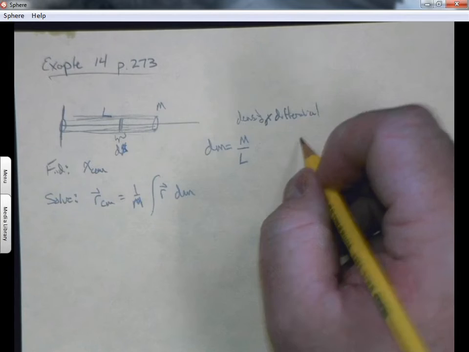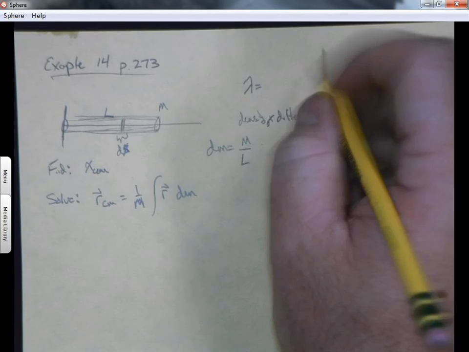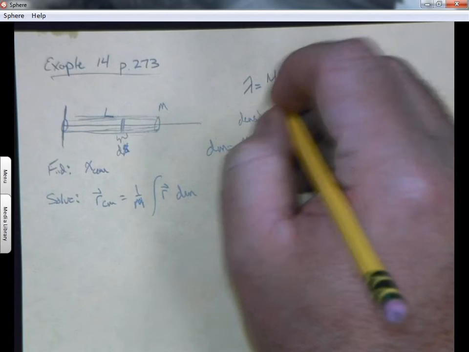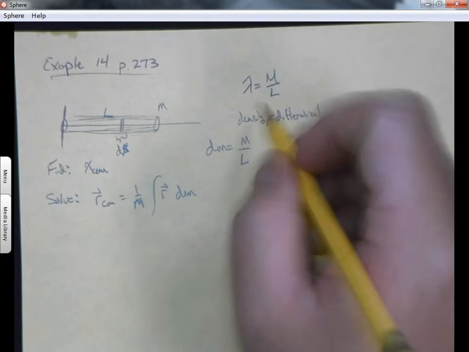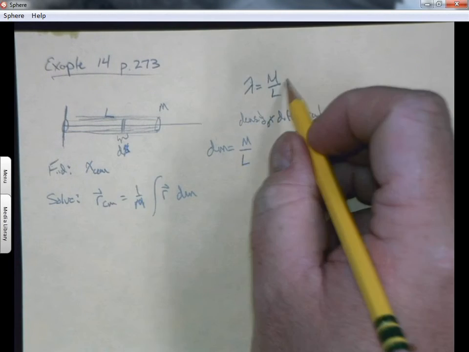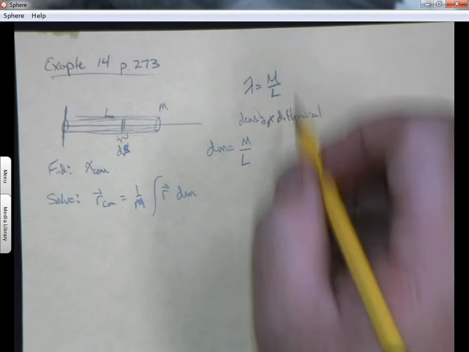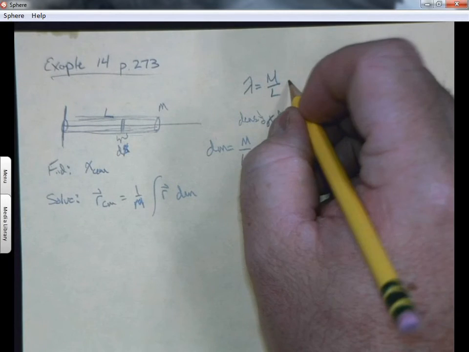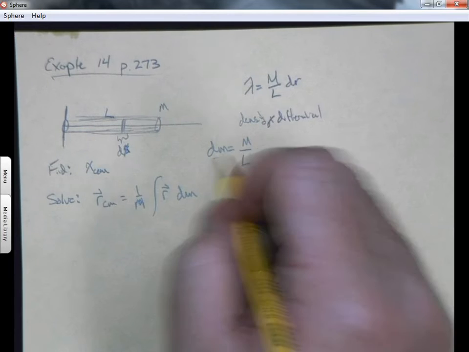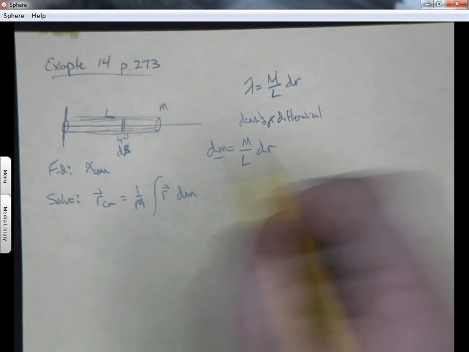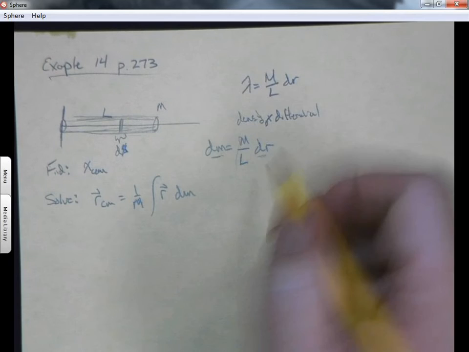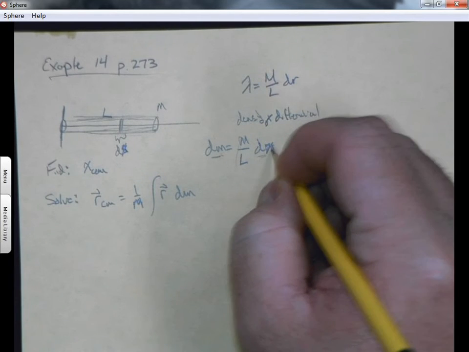Our lambda, the linear density, is big M over L, and so if we multiply our lambda times a teeny tiny bit of length, which would be dr, that's going to equal our dm. So our teeny tiny bit of mass is going to equal our density times our teeny tiny little bit of length. In fact, not dr, we're going to call that dx.